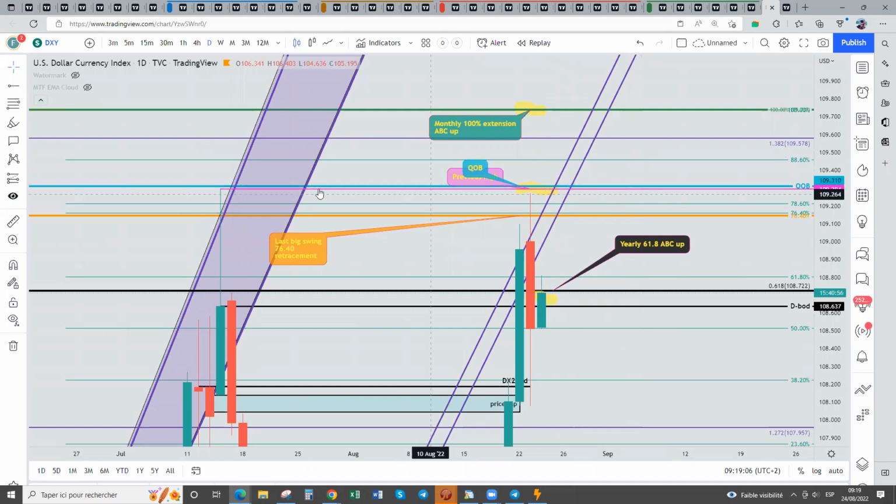Then we have this quarterly order block, which is the reason why price has stopped in this area.